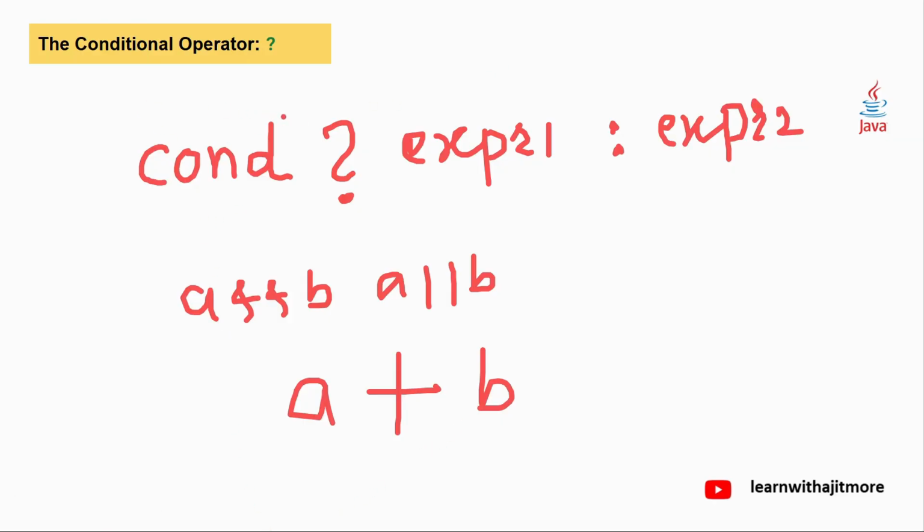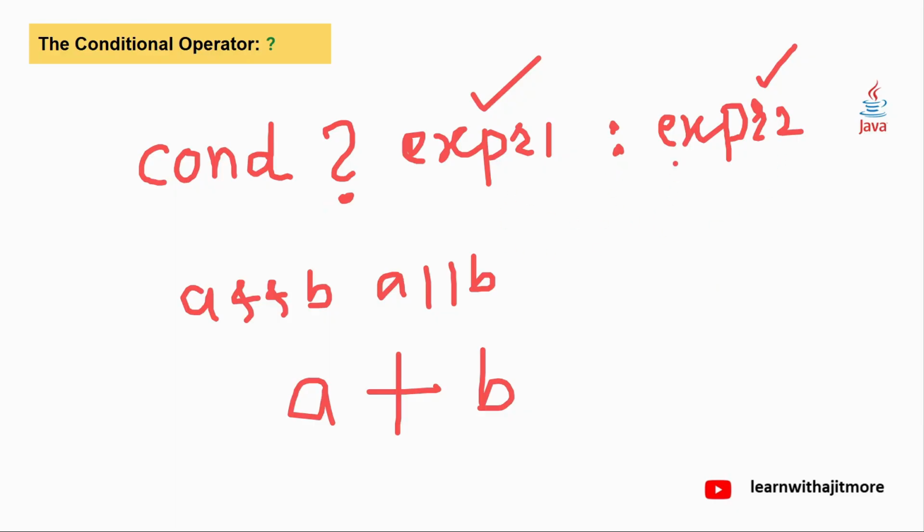So here, what is evaluated first? The condition. If the answer is true, only expression 1 is evaluated. If the condition is false, expression 2 is evaluated. It will never evaluate both expressions.